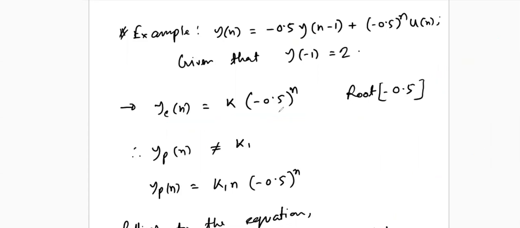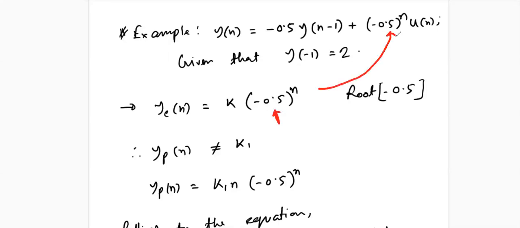As you can see, we have the root equal to minus 0.5. Be careful. We also have the same root in the input. If you have the same root, that means you have a repeating root. In the complementary solution, we found the root is minus 0.5.